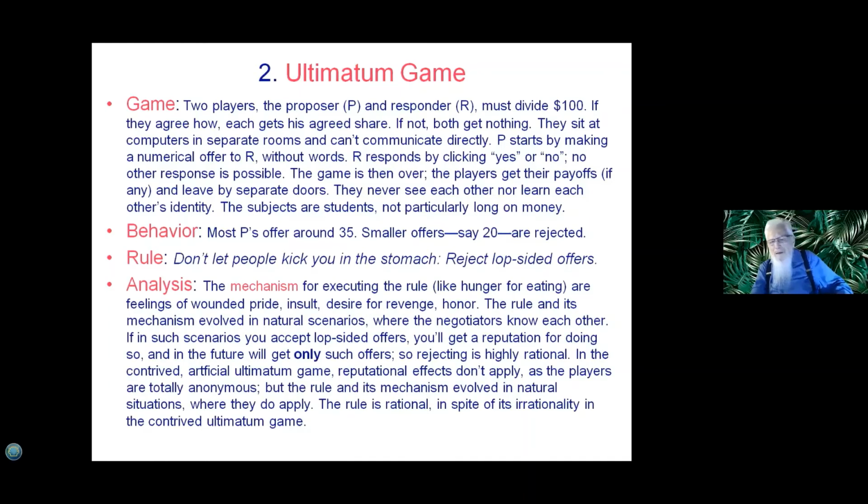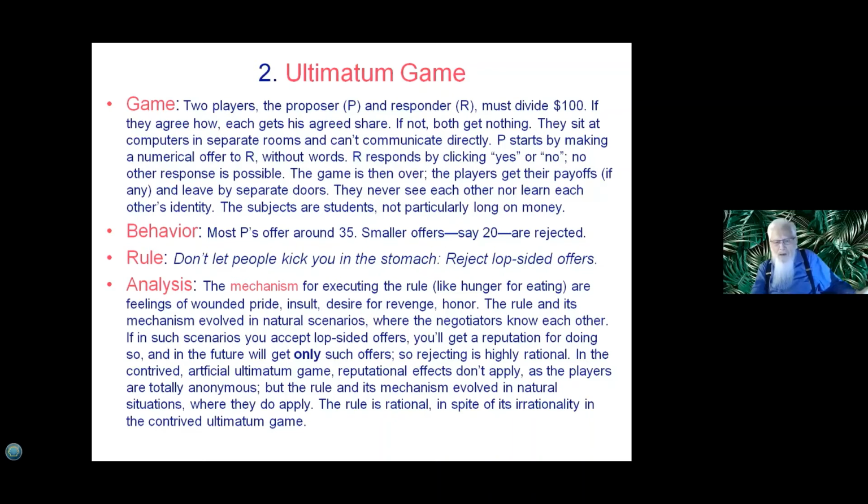The mechanism for executing the rule, like hunger for eating, are feelings of wounded pride, insult, desire for revenge, honor. The rule and its mechanism evolved in natural scenarios where the negotiators know each other, or they're sitting opposite each other.